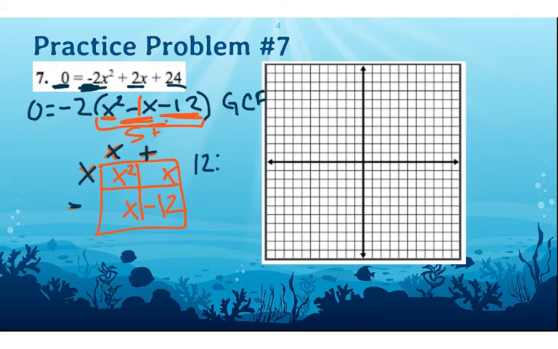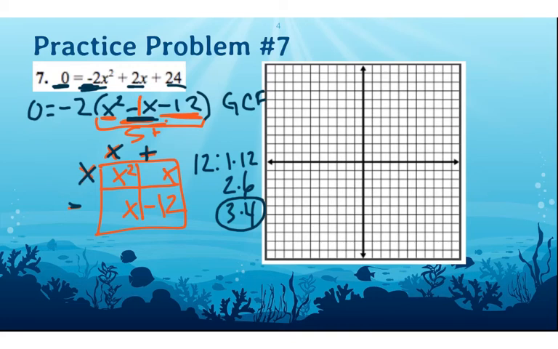All right, so let's play around with 12. So 12, I have 1 times 12, 2 times 6, and 3 times 4. So if I want to get to a negative 1x, 3 and 4 are the only pair that have a difference of 1.